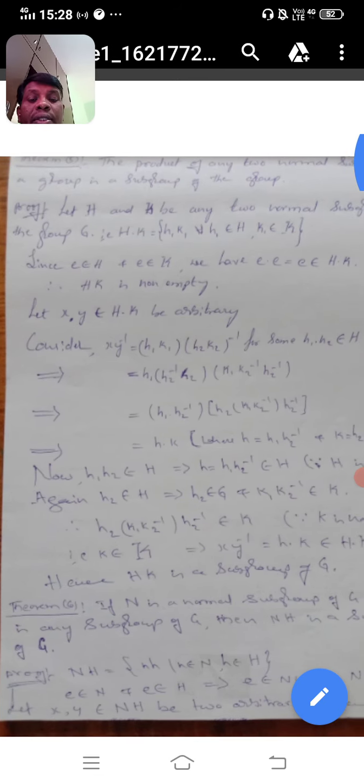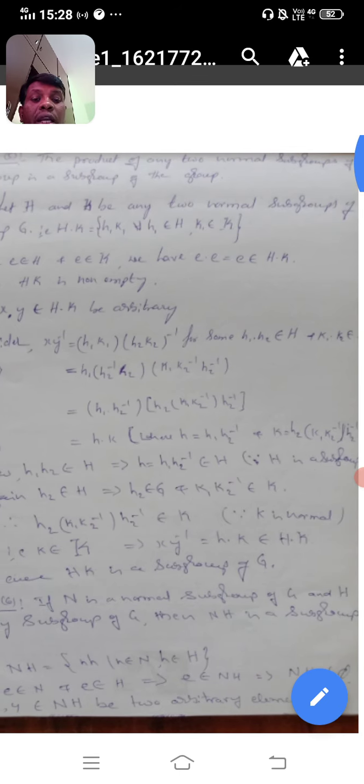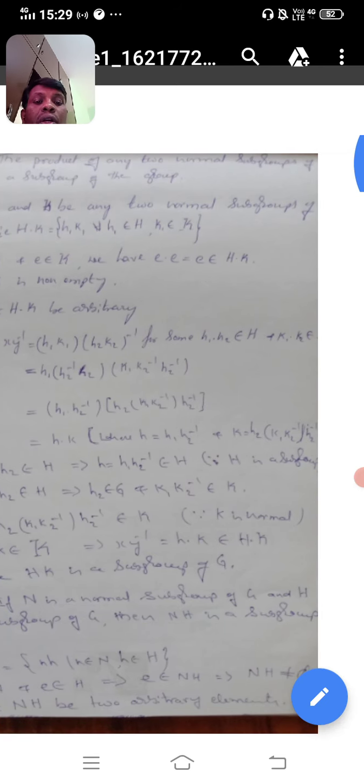It implies h into k, where h is h1 into h2 inverse and k is equal to h2 into k1 into k2 inverse into h2 inverse.